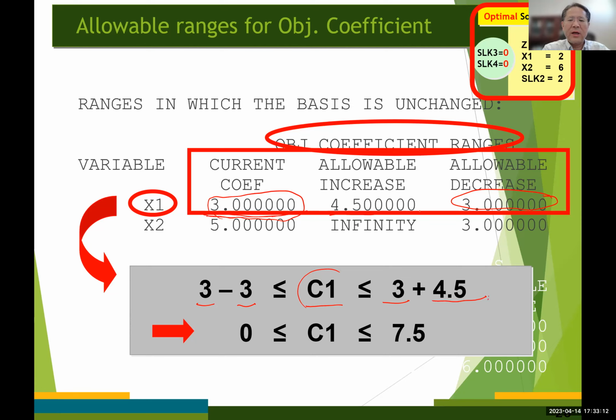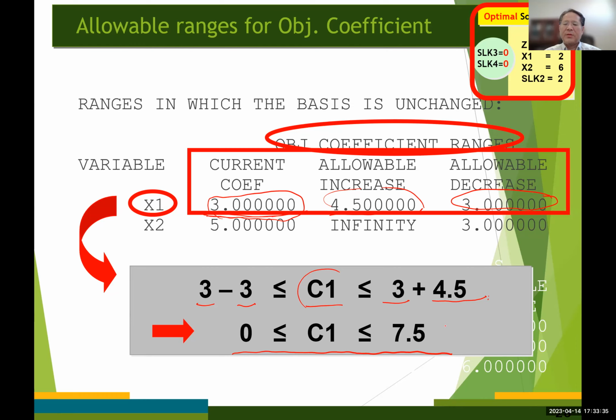That's from the allowable increase limit, right? So as a result, the C1 has to be within these ranges. So we may say that within this range, the current optimal solution remains optimal.